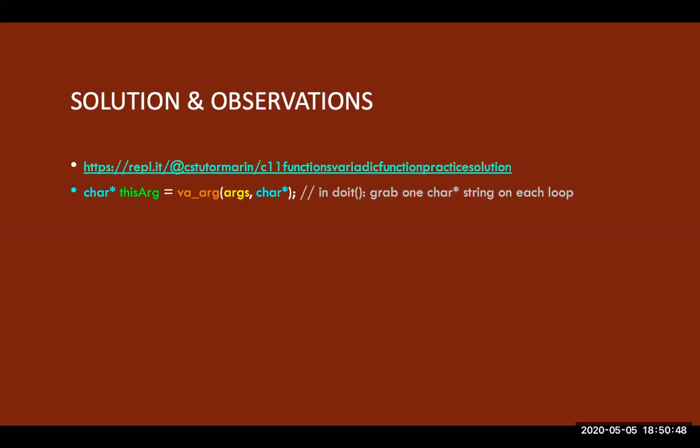It has no idea how many arguments have been pushed on the stack. So we're literally saying, hey, go get a pointer to a character. It's a 64-bit architecture, so it's going to pull 64 bits off the function stack, and then we return that as an argument of type char star.